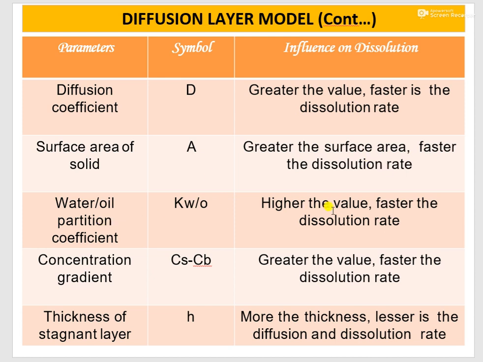Partition coefficient: higher the partition coefficient, faster will be the dissolution rate. Concentration gradient is also directly proportional, so greater the concentration difference, the faster will be the dissolution rate. h, thickness of stagnant layer, is inversely proportional. So as the thickness of stagnant layer is more, lesser will be the diffusion and less will be the dissolution rate.